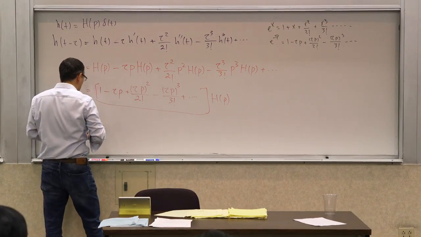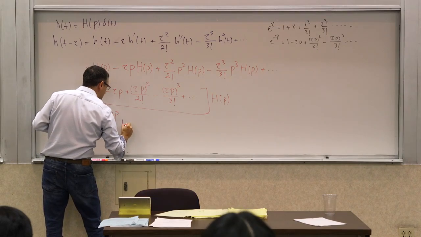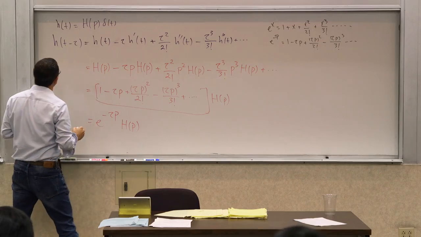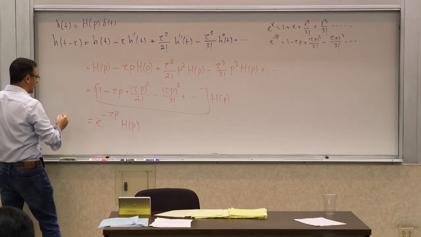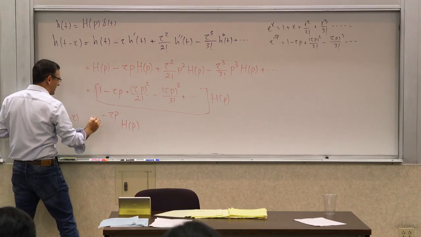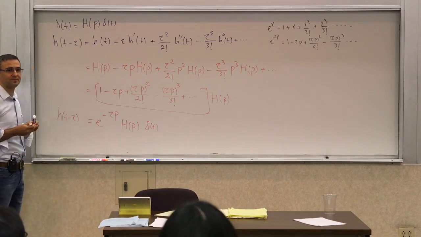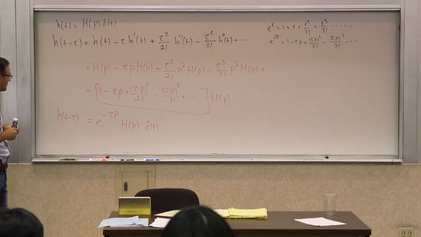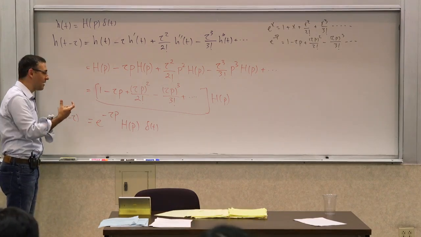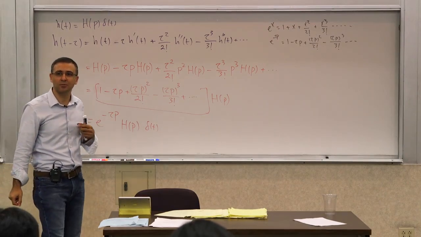So this is nothing but e to the negative tau p h of p. So in other words, h of t minus tau is going to be this operating on the delta of t. So a time shift, a delay in time, corresponds to an exponential e to the negative tau p.